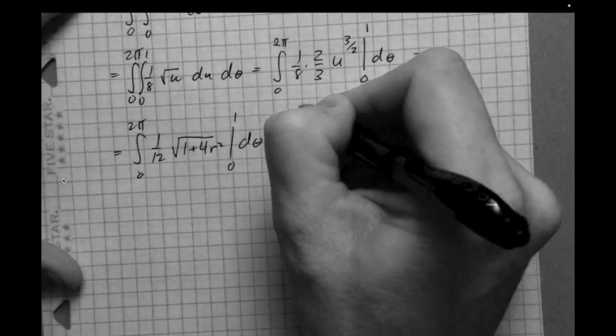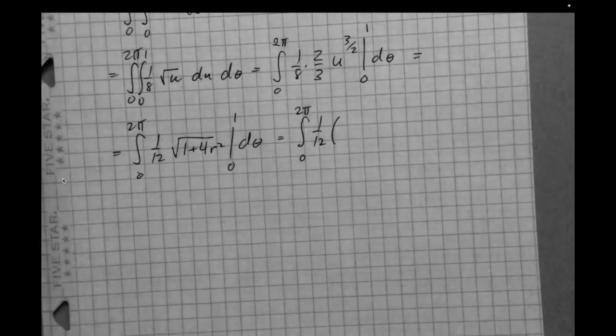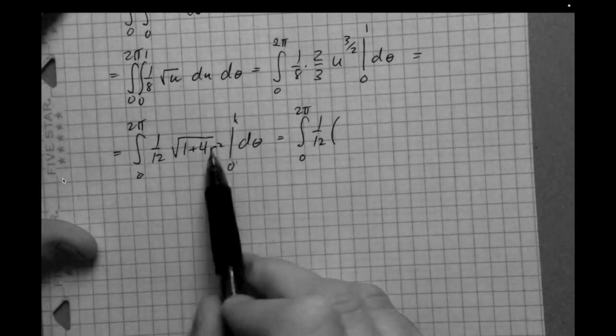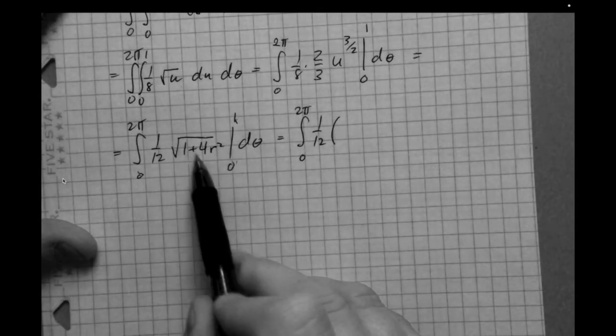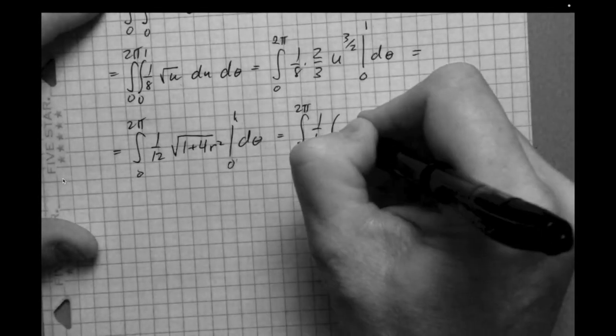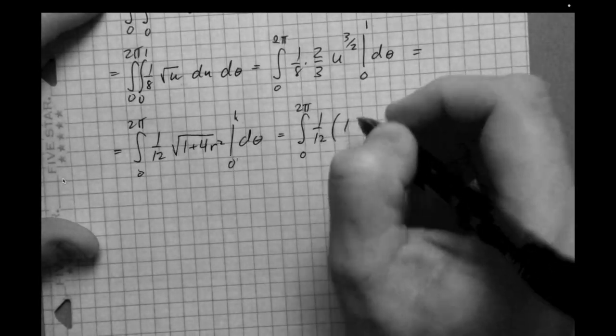And so a lot going on with this one. So this is basically when I plug in 1 and 0 into this. So first I plug in 1, it'll be 1 plus 4, so that's like the square root of 5, right? So you're going to have, oh, sorry, it's to the 3/2 power.